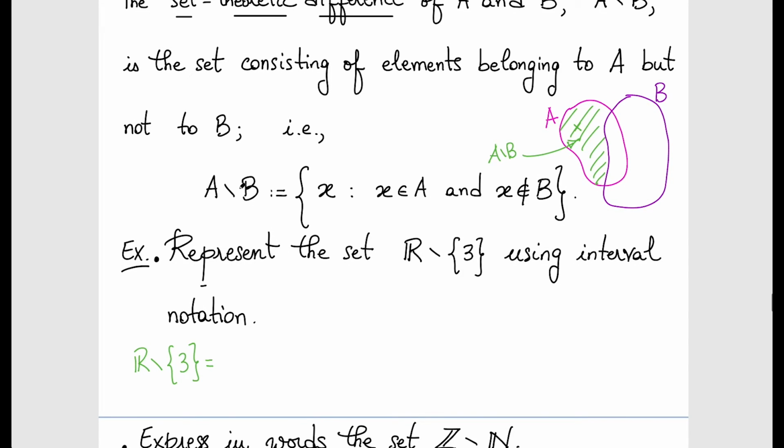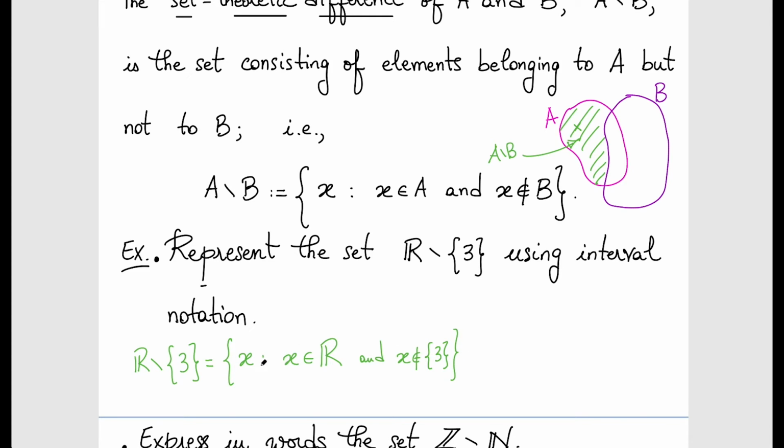According to what we just said here, A is R and B is the set consisting of just 3. This is the collection of numbers such that this number is in A. Who's A? It's R. And this number is not in B. And who's B? It's the singleton 3. Correct? So it becomes like this.